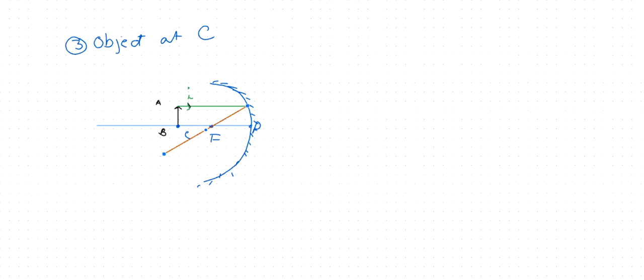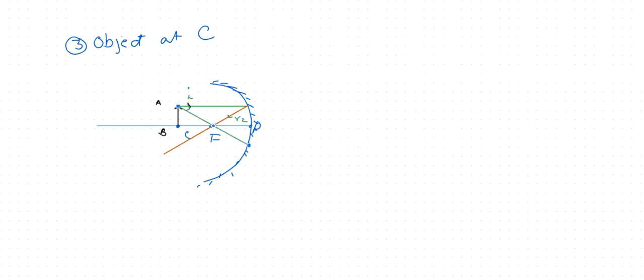I name it as R2. Now I have to take one more incident ray. And that incident ray, let's make it go through the focus. Now, do you remember if a ray goes through the focus, how does it get reflected? If not, we'll just see it in a moment. So this is my second ray.